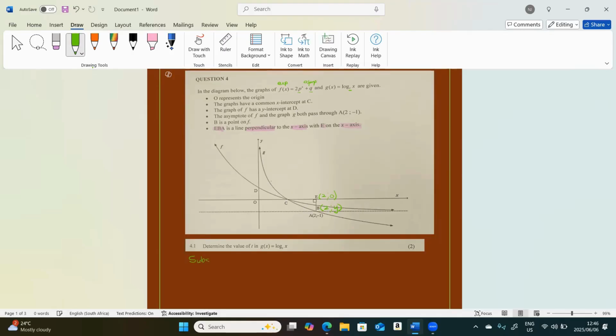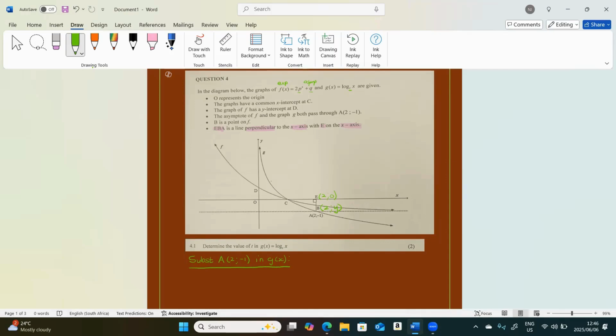You are going to say substitute point A, with the coordinates (2; -1), into g(x). That is your plan of action.